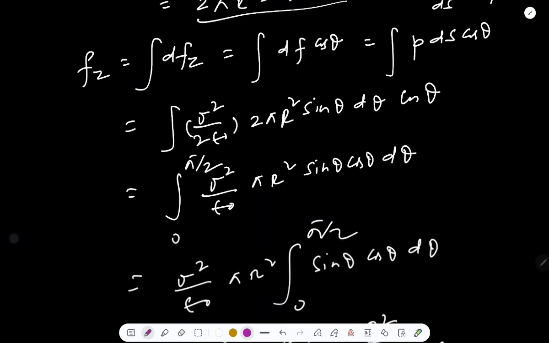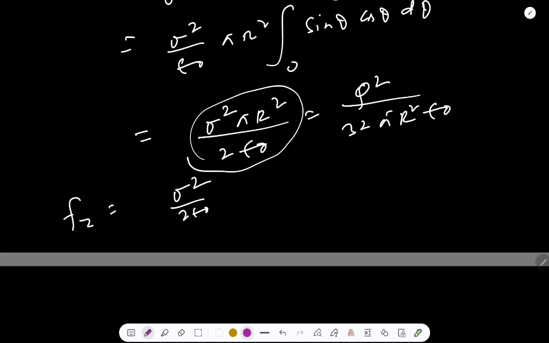So you can remember this result as: the force on a part of a sphere by the rest of the sphere is the pressure at the surface multiplied by the projected area of that part at its equatorial plane.